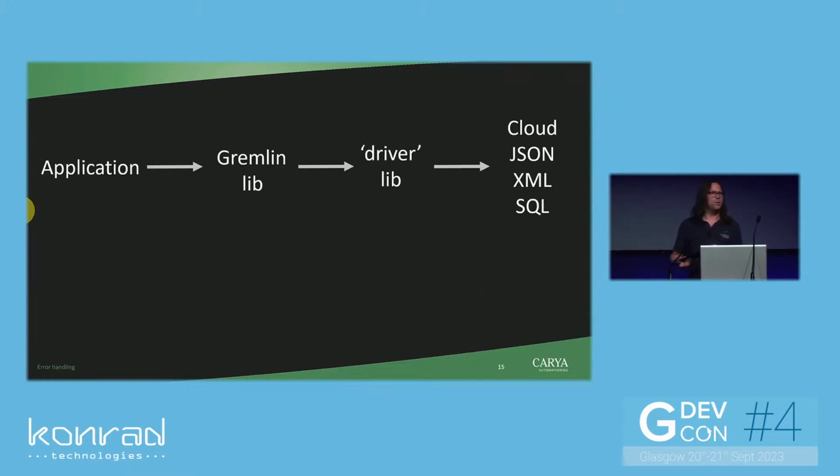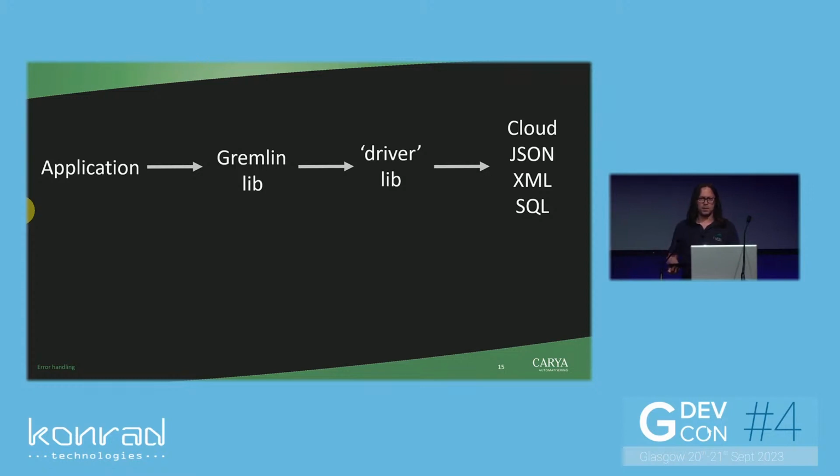Normally if you use Gremlin, you would make an application and use the Gremlin lib. I'm not an expert, but I imagine you'd use it like this: you have your application, and it uses a lib, and then you have a driver, and the driver can point to a cloud database or a JSON file or an XML file. You can even store a graph database in an SQL database.